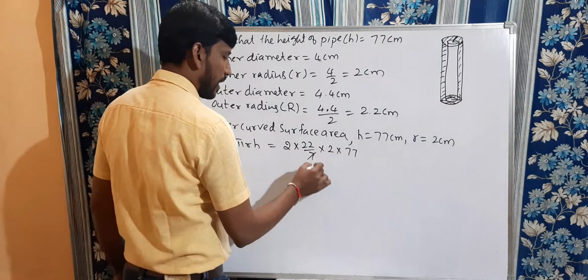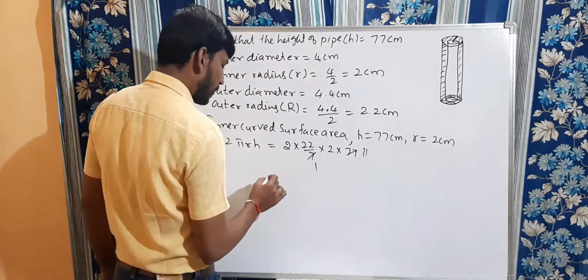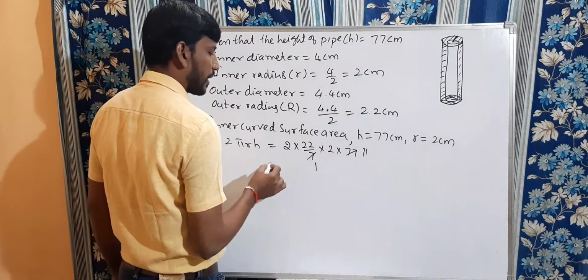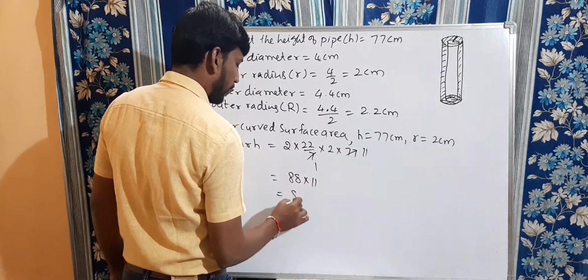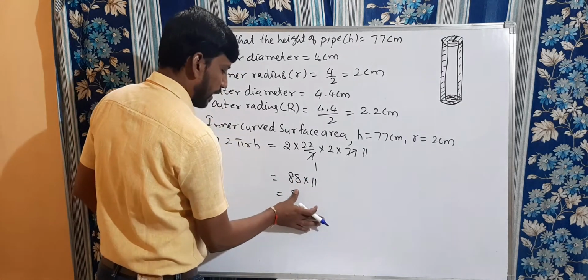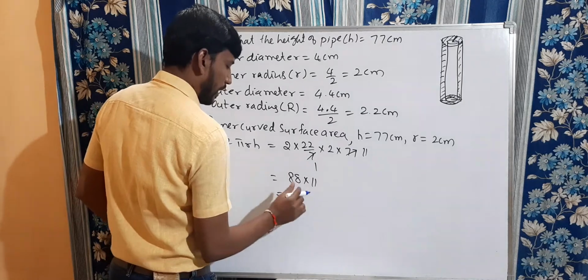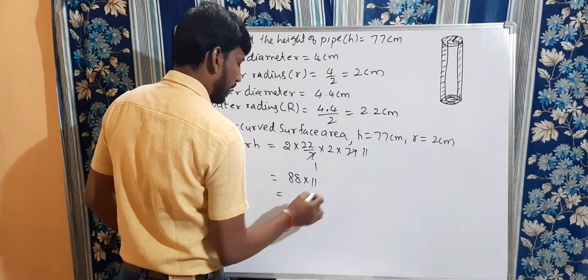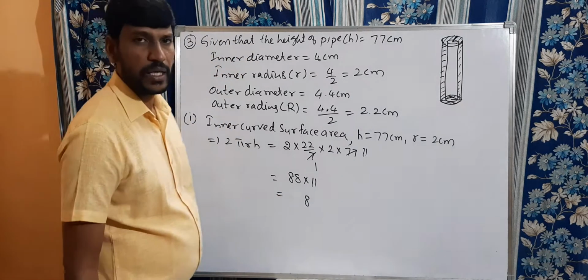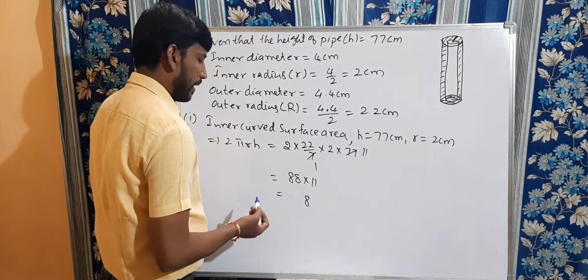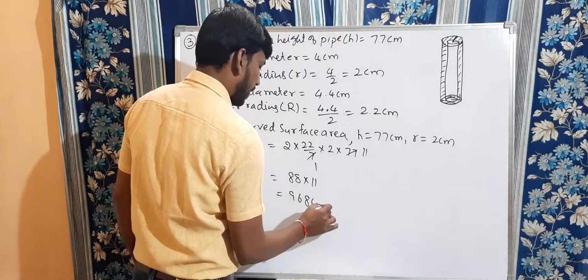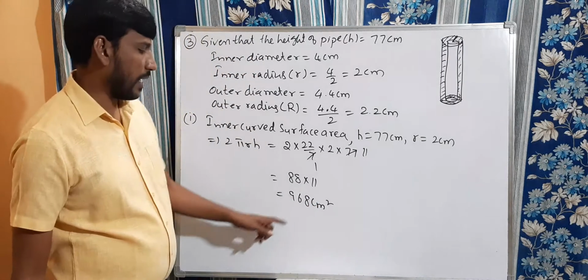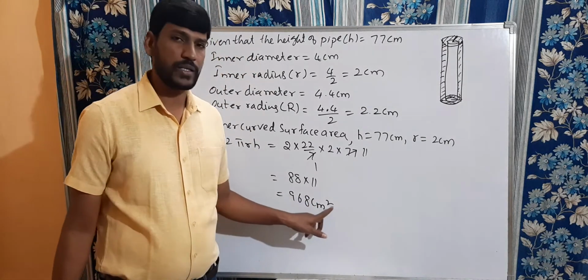So 7 ones are 7, 11s are 11, 2 22s are 44, 2s are 88 into 11, which is 968 centimeter square.